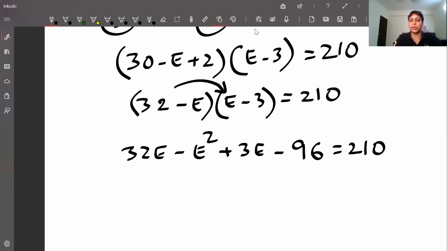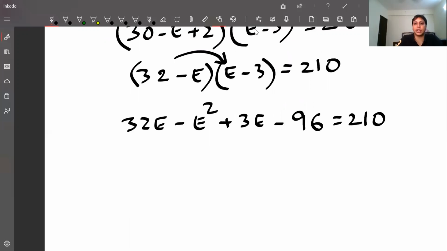When you apply the distributive property, we get 4 terms because 2 into 2 terms is 4 terms. So we get 35E, because there are 2 E terms, the like terms, minus E square minus 96 equal to 210.